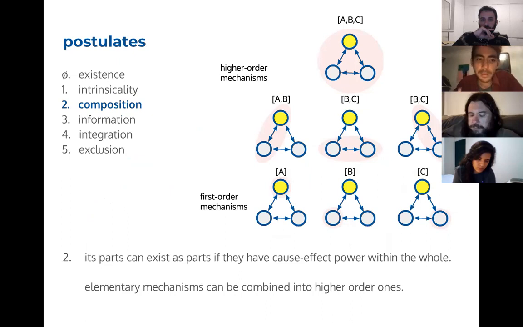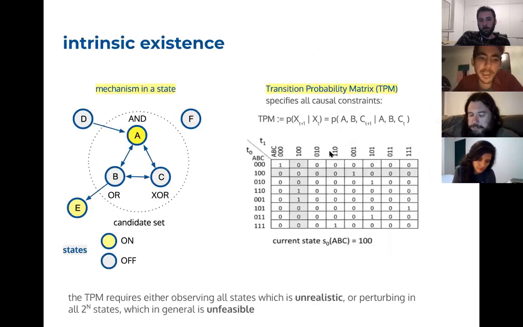Now, the postulated composition will say that, within a system... So the first thing we did is trace out a border. You have an open physical system, and you trace down a system. You consider whether A, B, and C exist from an intrinsic point of view.